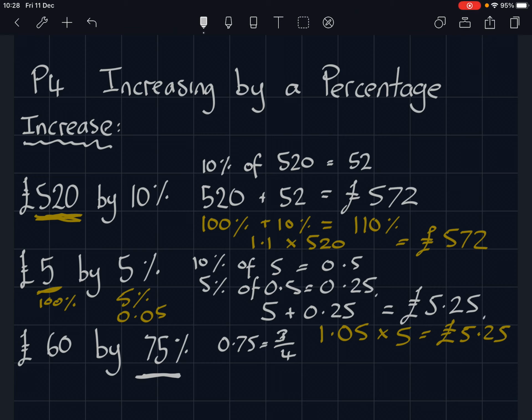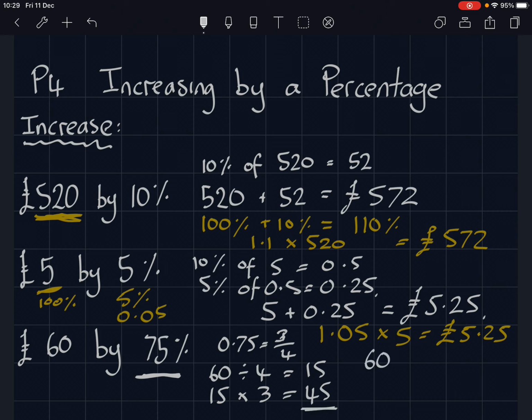So what I'm going to do, divide it by 4, divide it by the bottom, and times it by the top. So 60 divided by the bottom is 15. And then I've got 3 pieces, so I'm going to times them by the top. So that's 45. So 75% is £45.